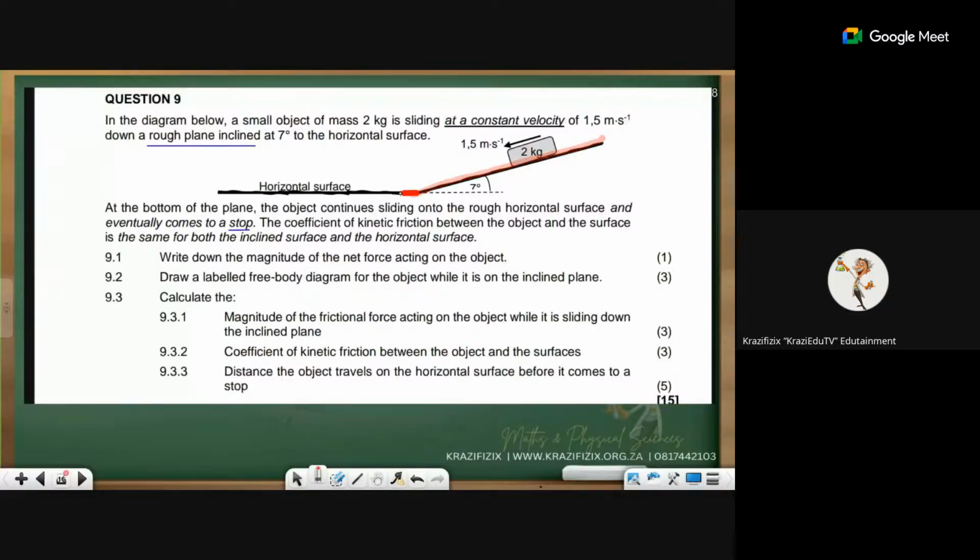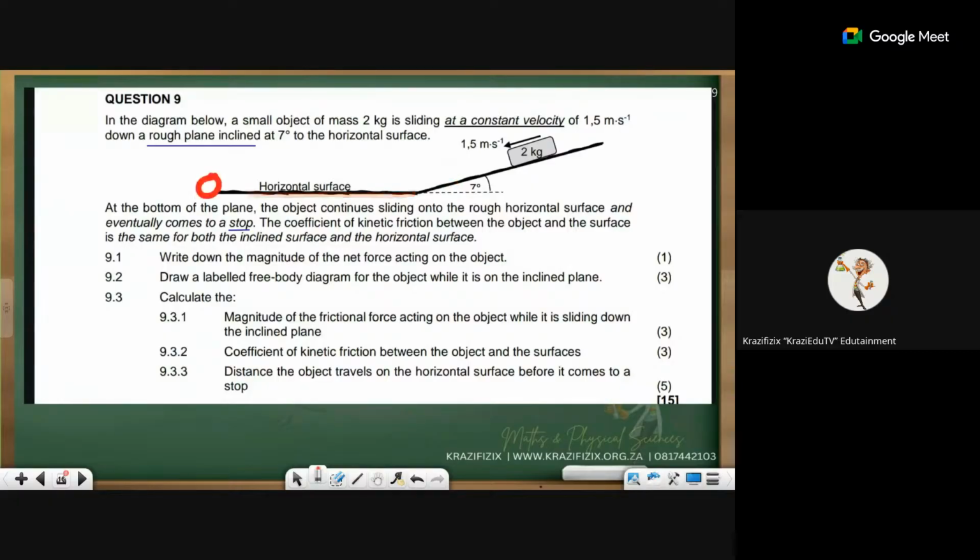Then from here, it starts slowing down because they said down a rough. There's friction, but it's no longer inclined. The force of gravity is pulling it down. Horizontally now, the speed starts decreasing until it gets to what?